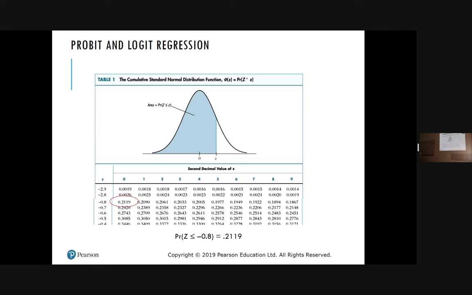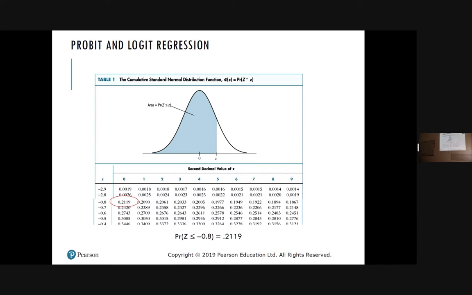Okay, so we have said that by evaluating the predicted probability of being denied, given X, with the probit model, we are computing the area underlying the standard normal distribution at some specific value for Z, which is equal to beta 0 plus beta 1 X. Let's assume that X is equal to 0.3.